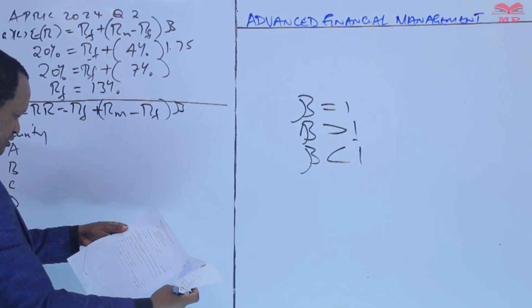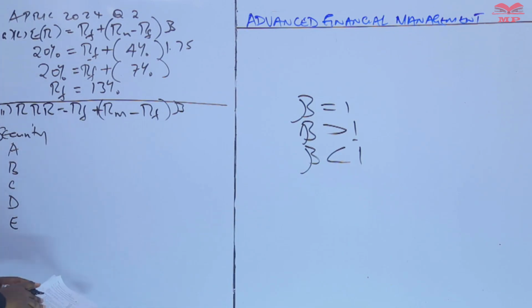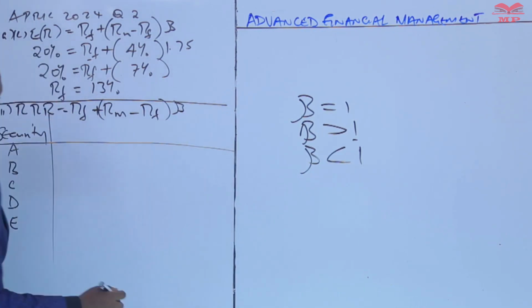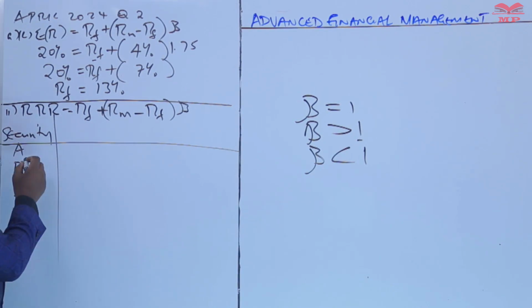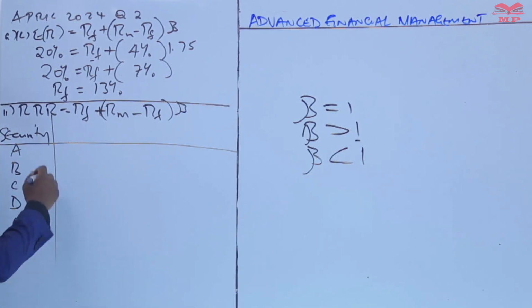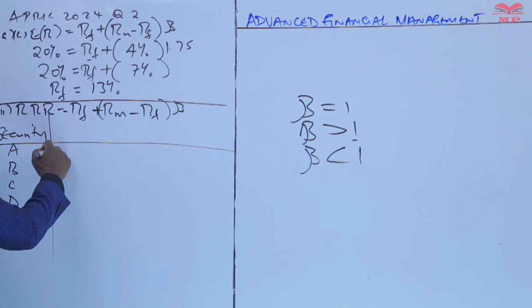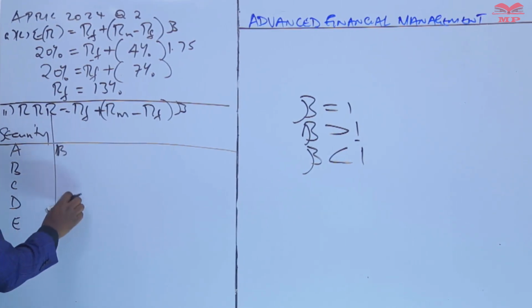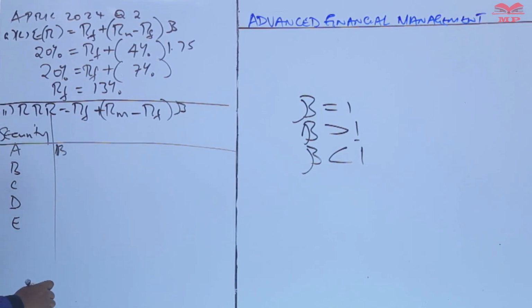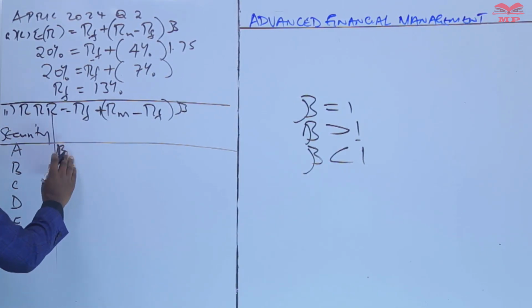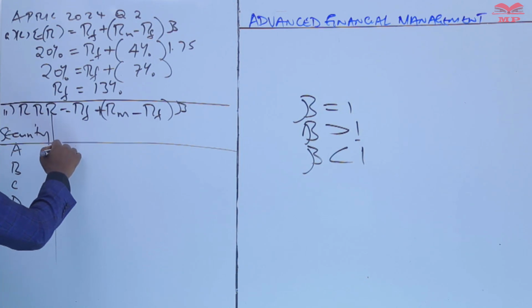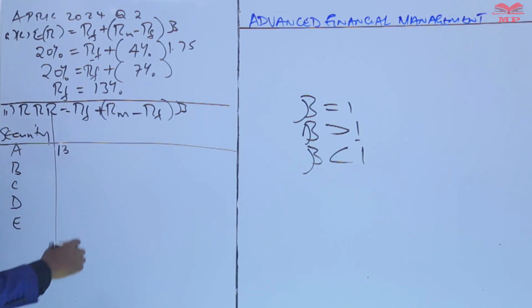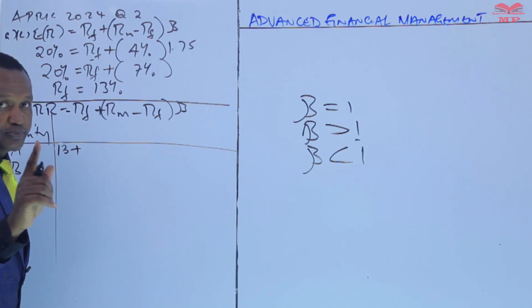Okay, so that's the first column. So for security A, the risk-free rate is 13%, and that will be constant for all the securities. We add the premium.